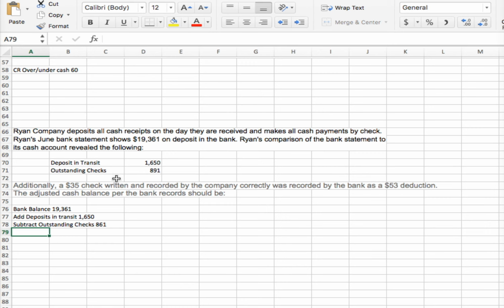What was the difference? Well, it should have been 35. They deducted 53, so that's $18. Add $18 bank error. So basically what you would do there, you go into the bank, you say, hey, you deducted this amount, look at the return check here, it's actually for $35 instead of $53. You know, that would just be your proof to the bank that was their error.